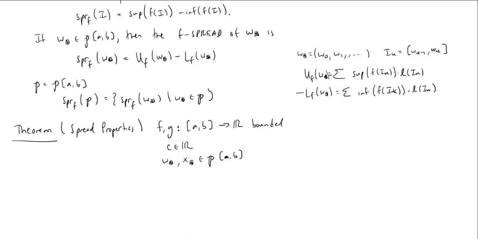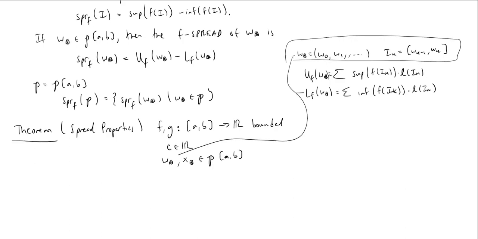I'm going to use the same notation here for W. The first result is that the f spread of W can be written as the sum of the f spread of each IK times the length of IK.